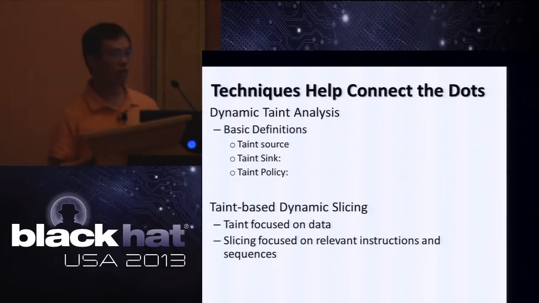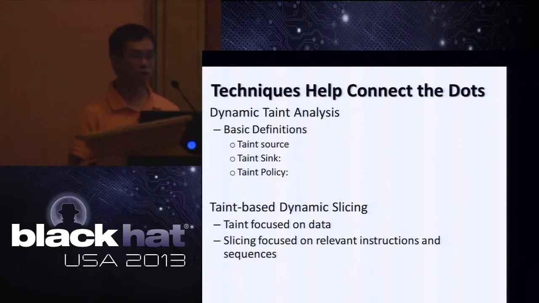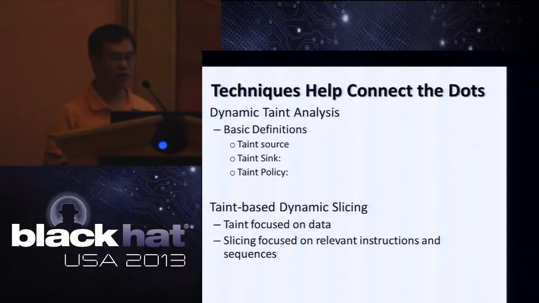If you look the other way, focusing on the instructions that transform your data from the source to the sink, usually out of a total of millions of instructions executed, you may only have a bunch of instructions that directly transform your data into the data sink you choose. So that sequence of instructions you connect together is the key effect I can focus on. That's the slicing we're talking about here.